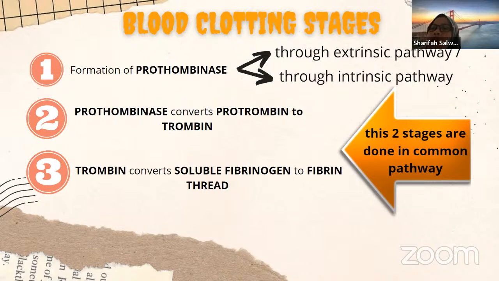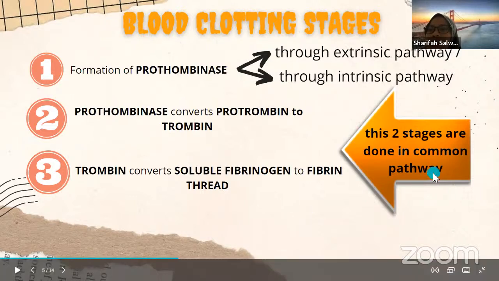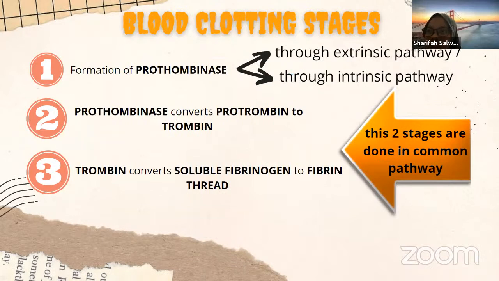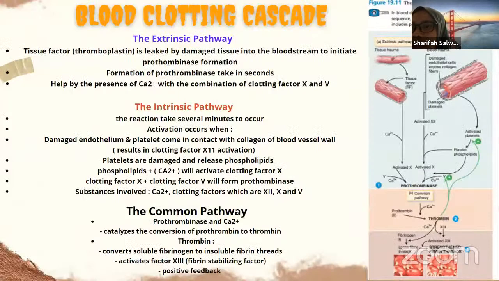The first stage, formation of prothrombinase, is done through 2 pathways, either the extrinsic pathway or the intrinsic pathway. The second and last stages are done in the common pathway. So we will see the pathway. Next slide.